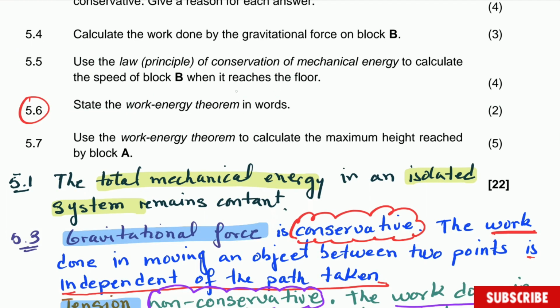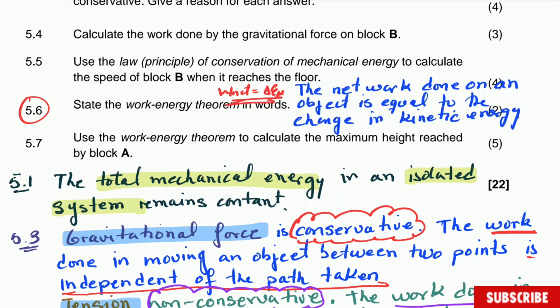So let's write the formula here. Net work is equal to change in kinetic energy. Now in words, all you have to say is that the net work done on an object is equal to the change in kinetic energy of that object. That is the work energy theorem.